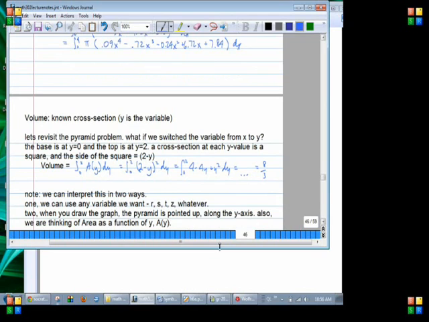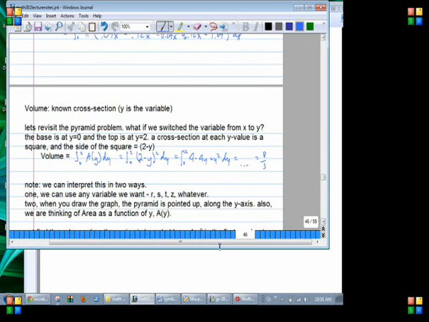which is to imagine what this graph really means. Now when you represent this visually, the pyramid is pointed up along the y-axis. If you really want y to mean what we usually have it mean. And we're thinking of area as a function of y, A of y. And in addition, we did the integral dy.